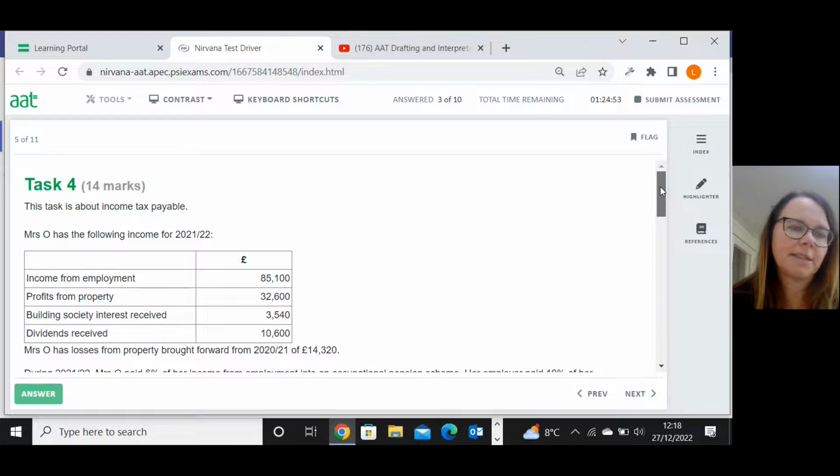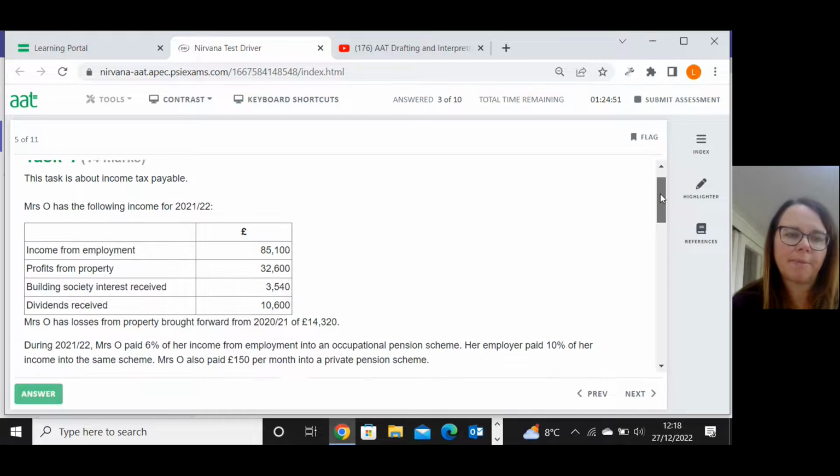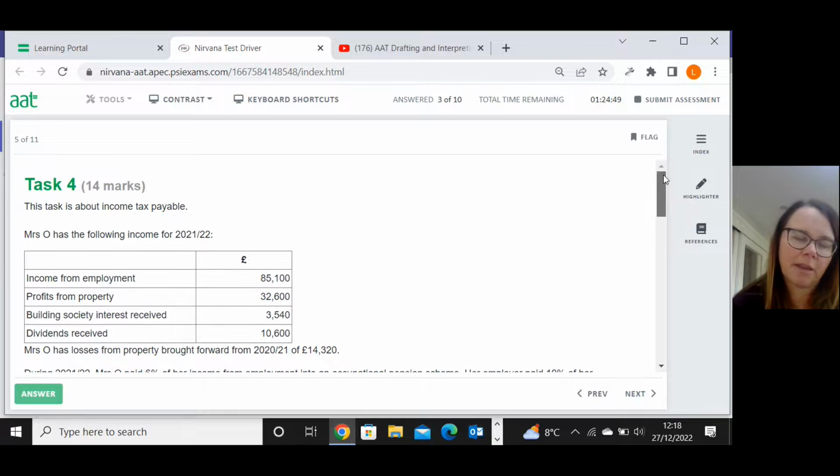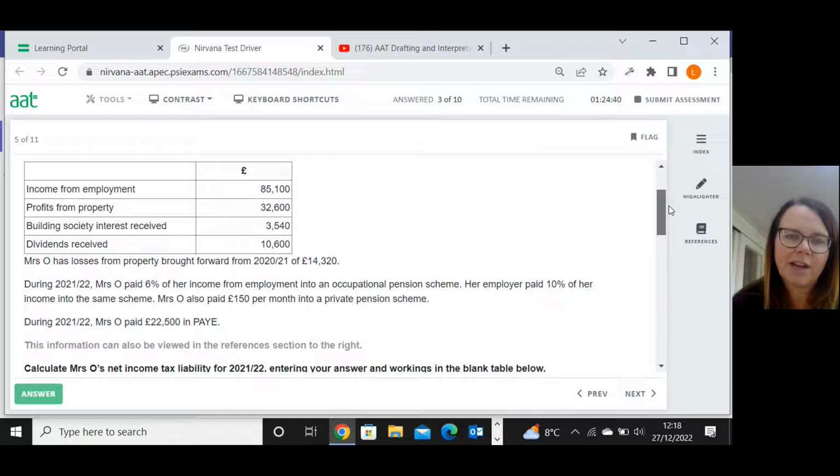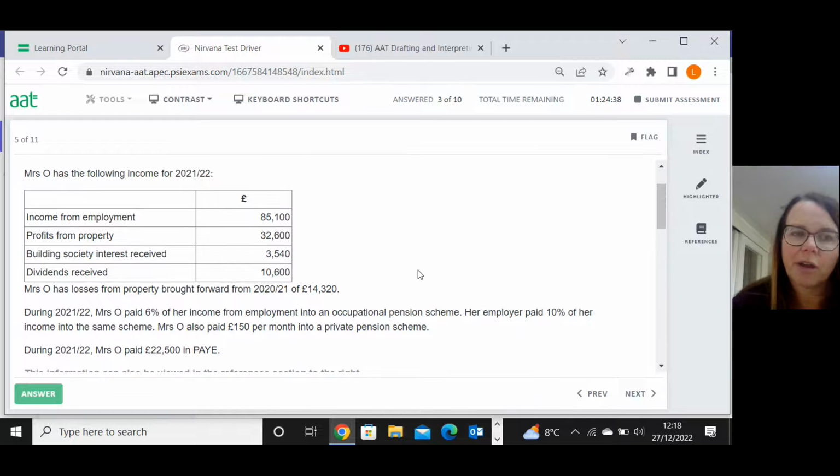Right, so this is quite a juicy tax computation that they've given us here, in fact, 14 marks. Mrs. O has the following income. So always a good idea to read through everything first. So income from employment, profits from property, building society interest, dividends.